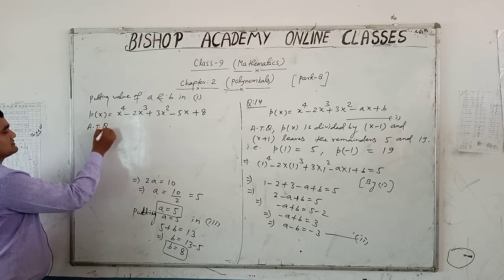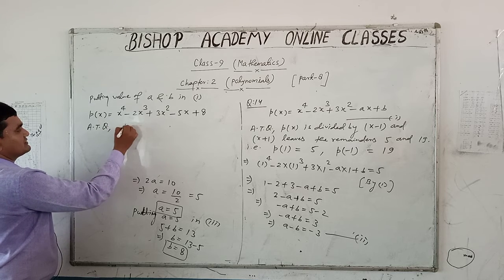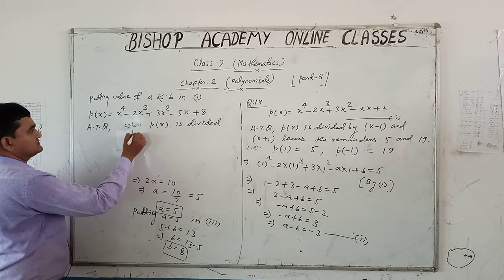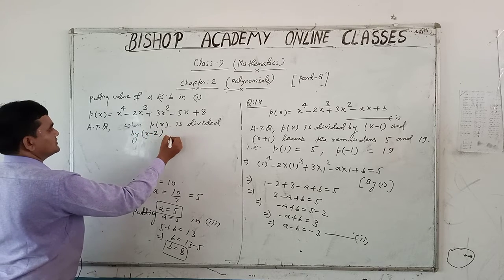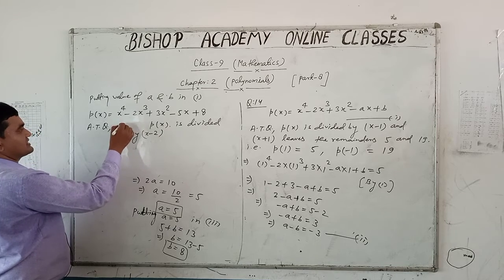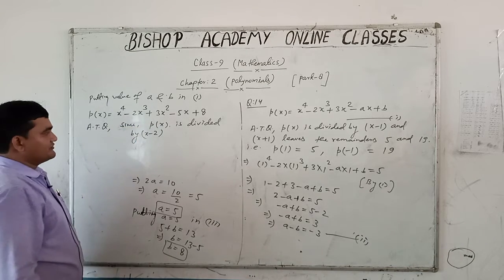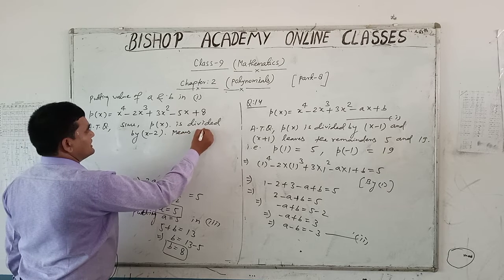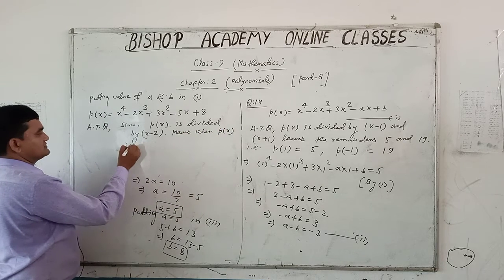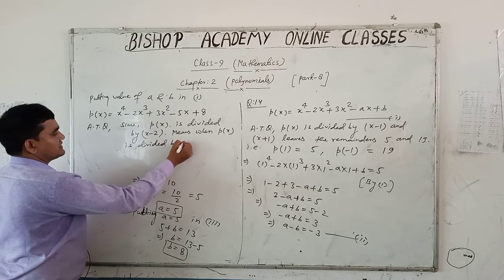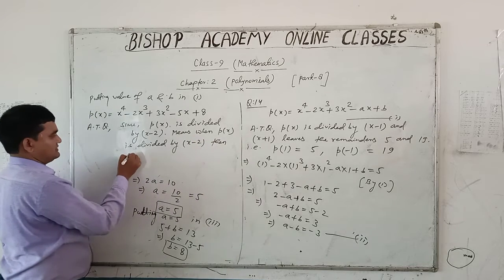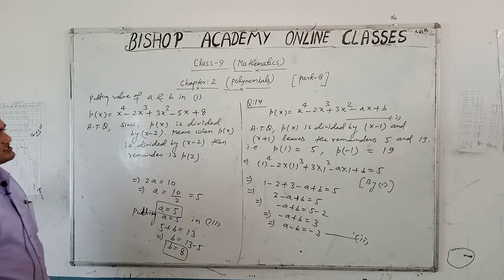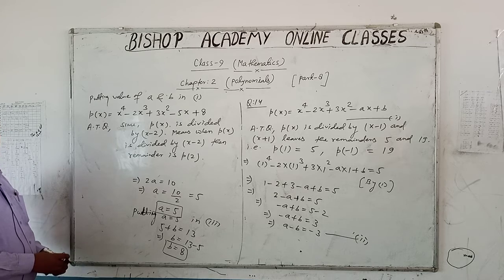According to question, p(x) is divided by x minus 2. यहाँ प्लीज लीजिए since, according to question, since p(x) is divided by x minus 2, then remainder is p2. और इस क्वेश्चन में ये भी कहा जा रहा है कि जब इस px को x minus 2 से डिवाइड किया जा रहा है तब आप रिमाइंडर फाइंड आउट करिए.